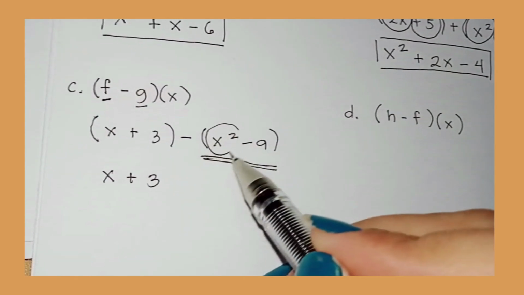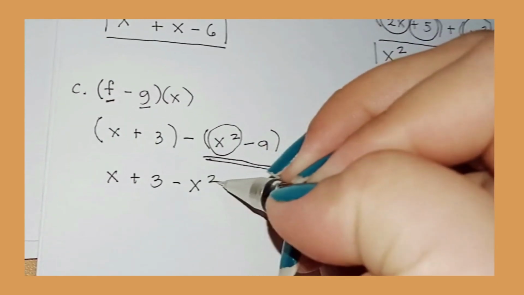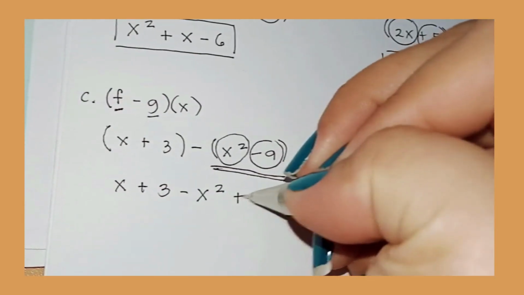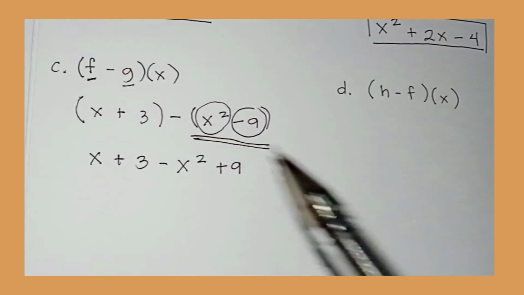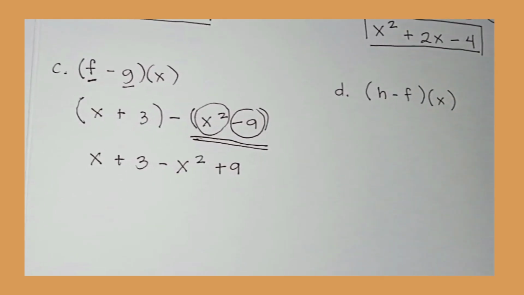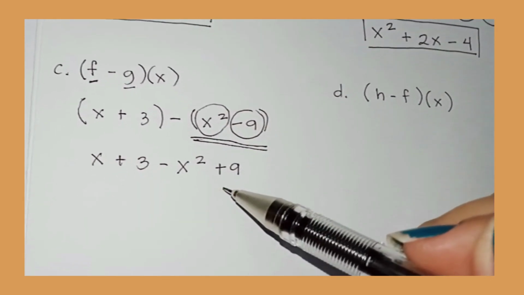Yung x squared, positive, gagawin nating negative x squared. Yung negative 9, negative siya, gagawin natin siyang positive 9. Kasi, meron tayong rule dito, any number preceded by a negative sign will change their sign. From positive, naging negative. From negative, naging positive.